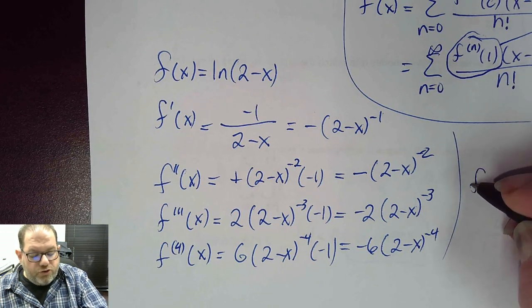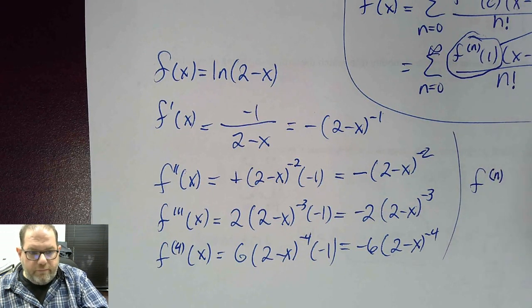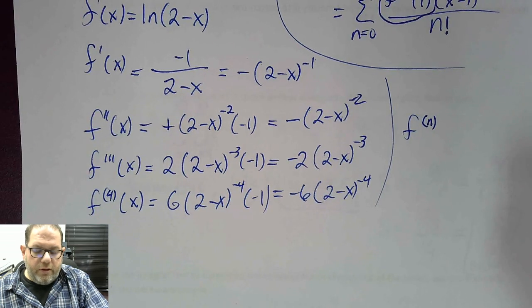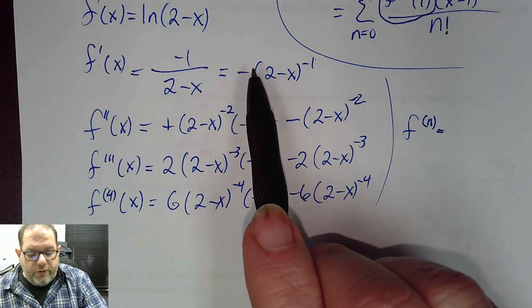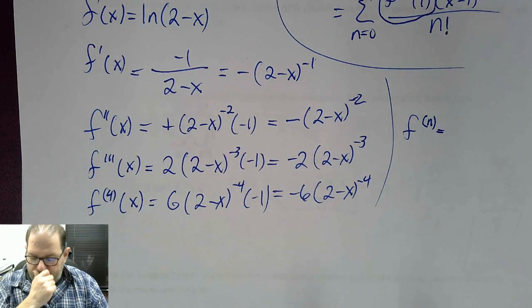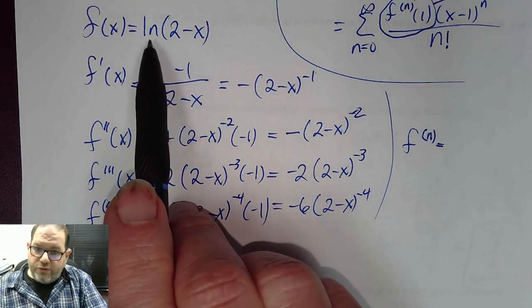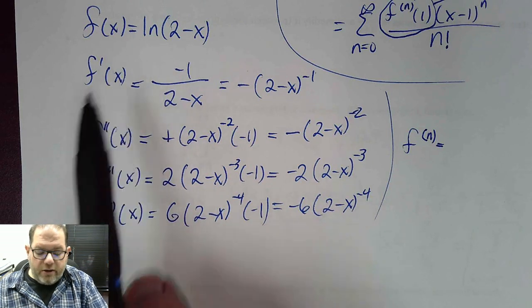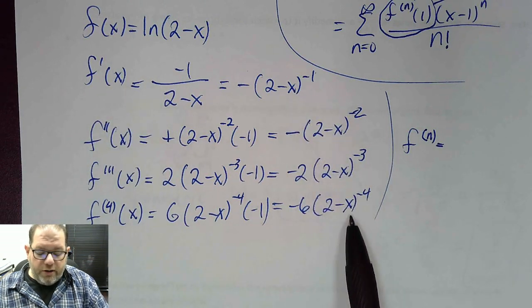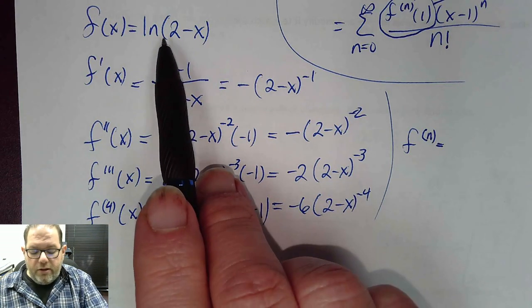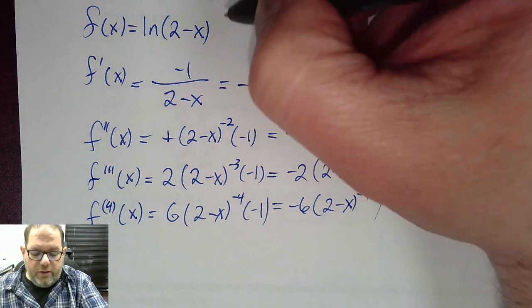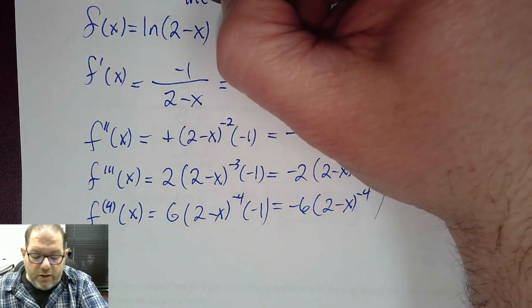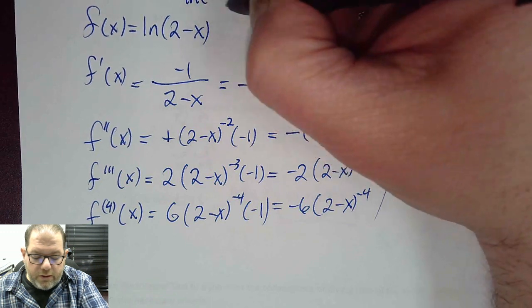So now we have to generalize this for the nth derivative. Now, what we notice is, first of all, our original function probably isn't going to be part of our pattern. We can see a pattern emerging with these 4 derivatives, but it doesn't really fit our original function. But that's okay, because what is natural log of 2 minus 1?